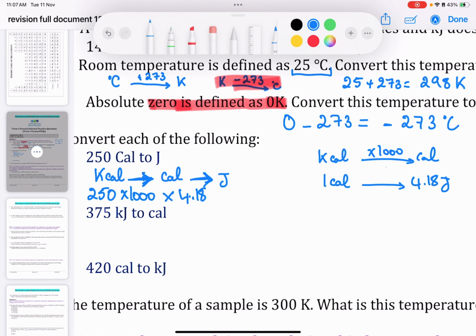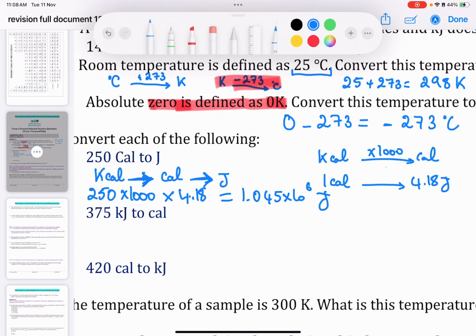So 250 times 1,000 times 4.18, and the final answer, with the significant figures, I'm going to write as 1.045 times 10 to the power 6 joules.